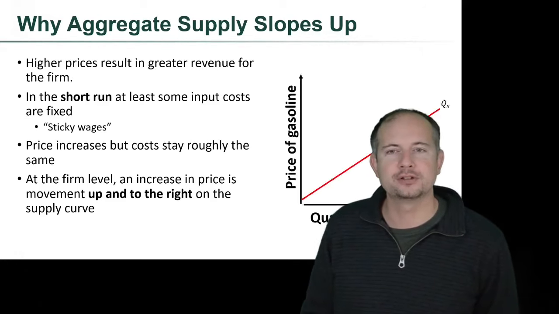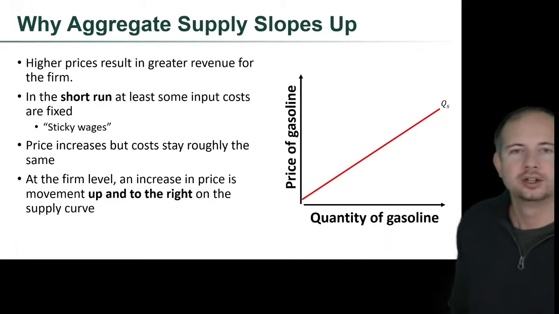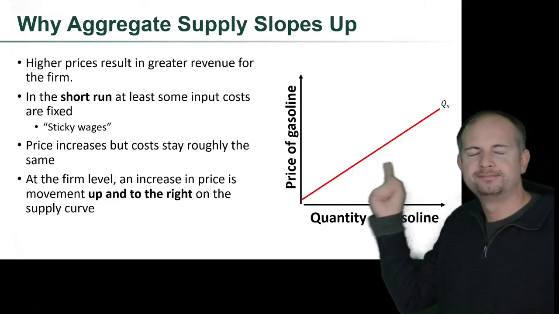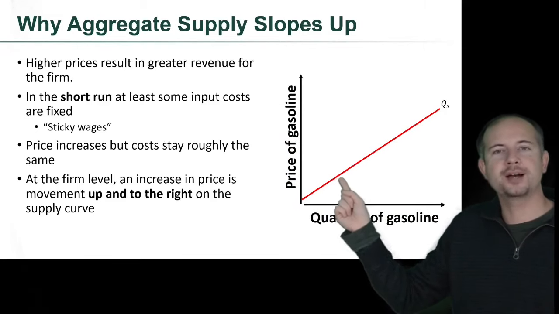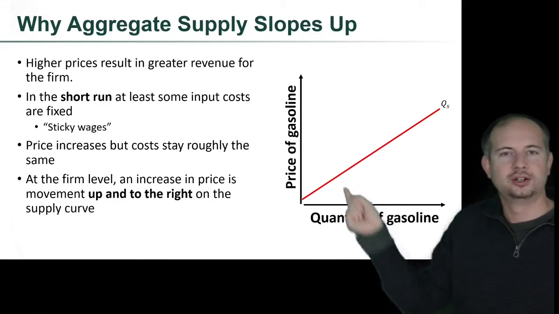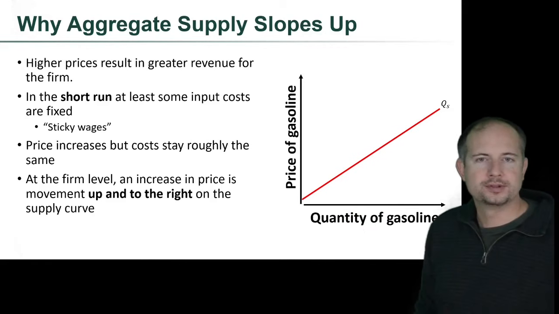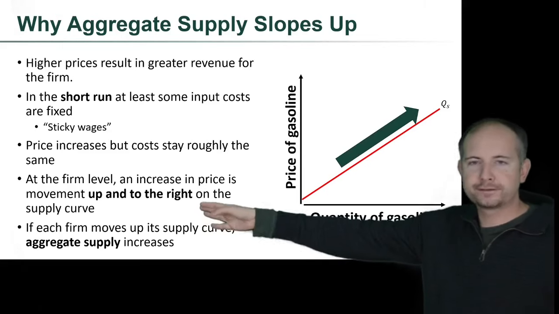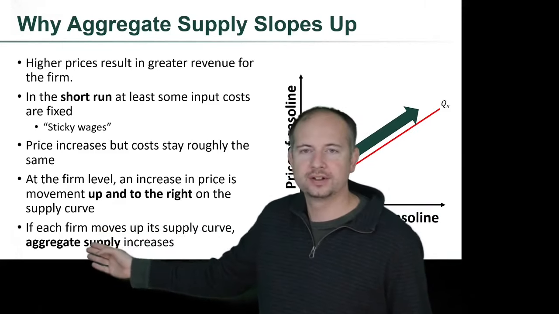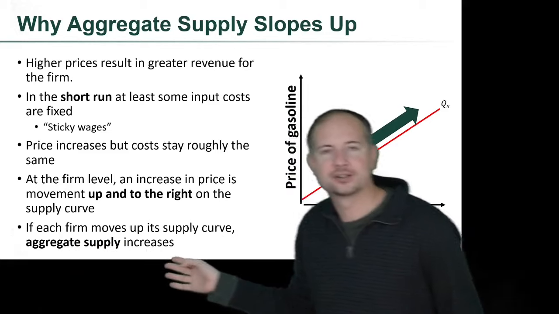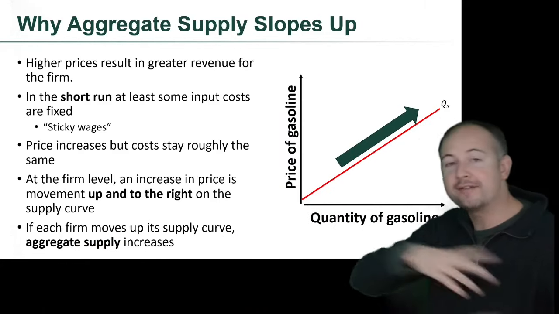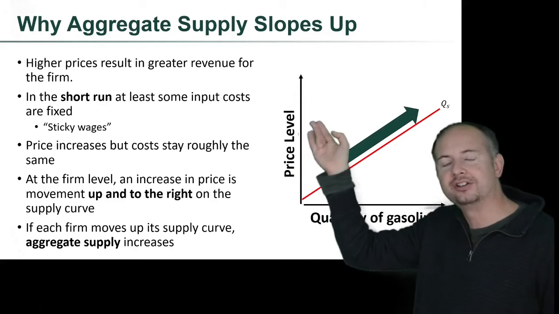Well, that's what happens for an individual firm. So again, we have price of gasoline and quantity that slopes up. When price goes up, I'll produce more. Well, we take all of our firms and everything we're producing. As each firm moves up its supply curve, aggregate supply increases. So now replace the price of gasoline with the price of everything, so our price level.